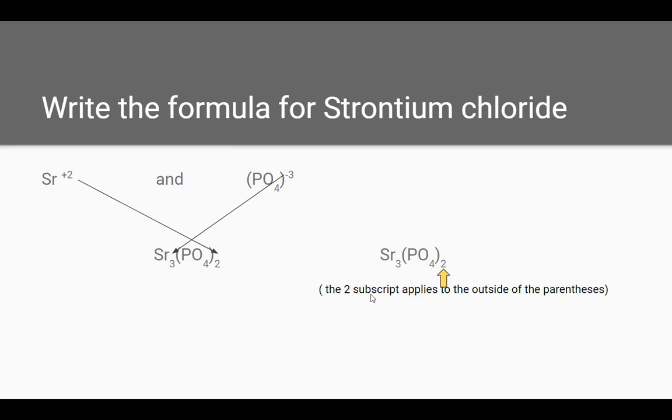And that 2 subscript applies on the outside of the parentheses. So if I were counting how many strontiums, phosphoruses and oxygens are in this formula, it would have 3 strontiums, 2 phosphoruses, and 8 oxygens, because that 2 would distribute by multiplication. So there's really not much difference. We're still doing ion crisscross.